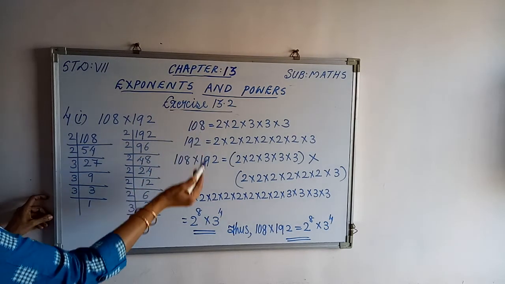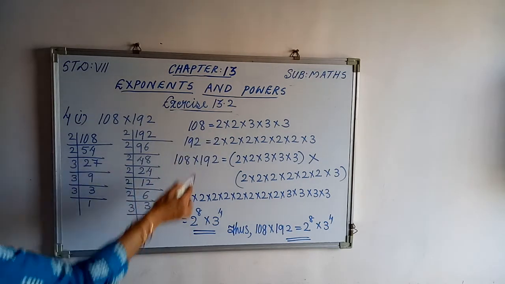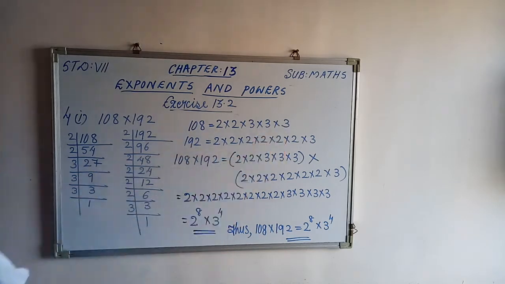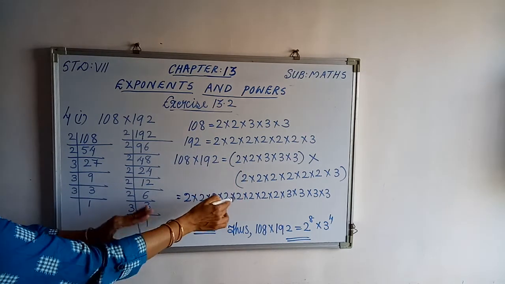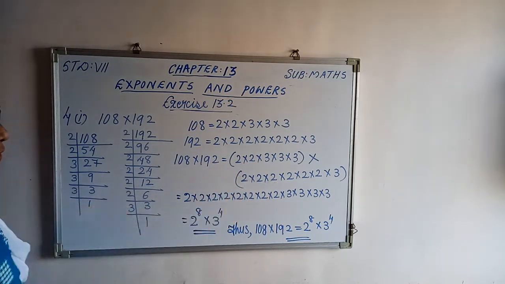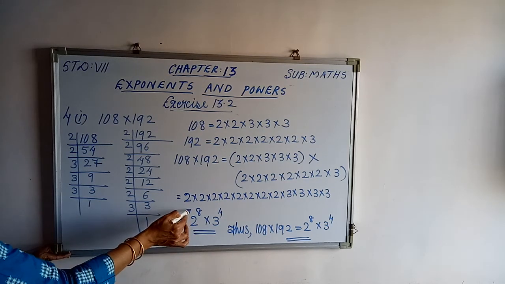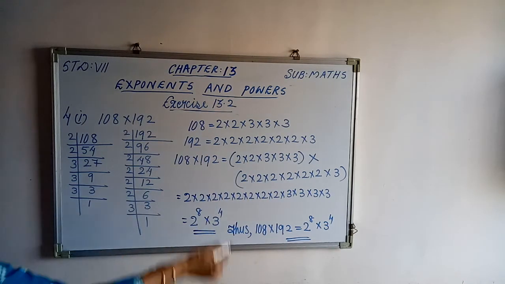So 108 is 2 into 2 into 3 into 3 into 3. And 192, 2 multiplied 6 times, multiplied by 3. So arranging all the 2 terms, then 3. 2 is multiplied 8 times. So we can write 2 raised to the power 8 multiplied by 3 raised to the power 4. Thus 108 multiplied by 192 is equal to 2 raised to the power 8 multiplied by 3 raised to the power 4.